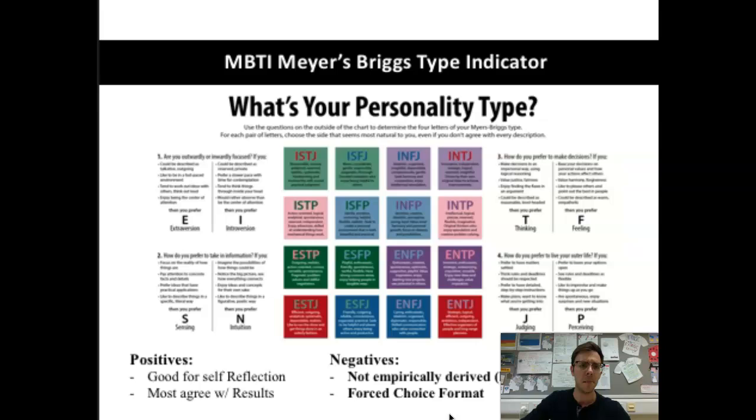And so there's not a lot of empirical data behind the MBTI, yet a lot of times we relate with it and we think, oh, this really defines me so well.